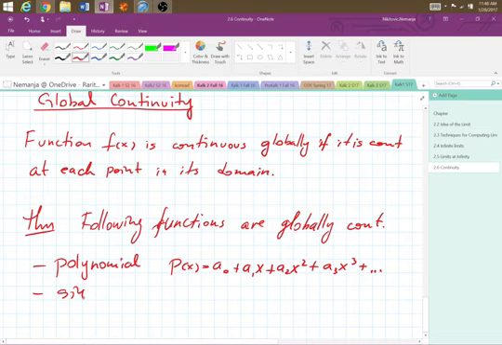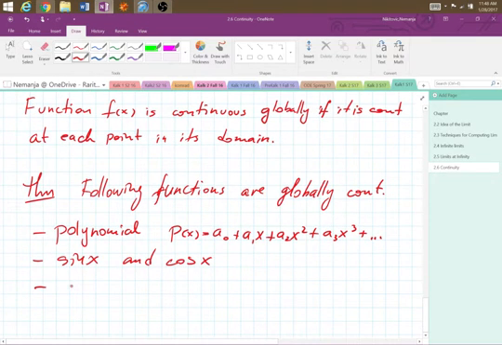Sine x and cosine x, obviously. E to the x, ln x. We know that the domain of ln x is from 0 to infinity. But that's all there is for it. So that's why it's continuous on its entire domain.